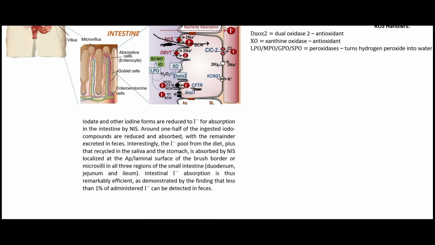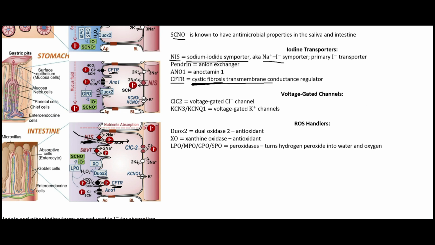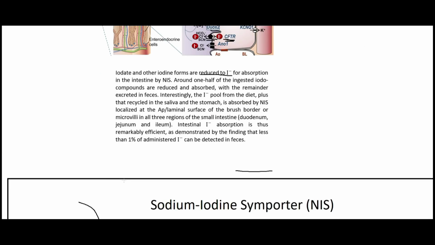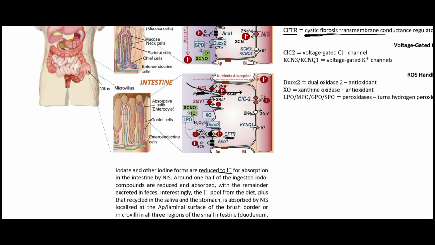So the iodate and other iodide forms are reduced to the iodide ion there. So yeah, these are just a couple of the transporters that are kind of the major players in this iodide import or absorption from the intestine, where this NIS, this sodium iodide transporter, is sort of the major player going on here.